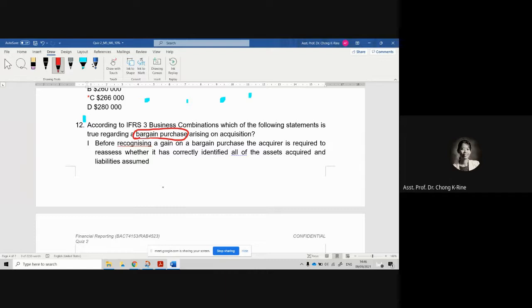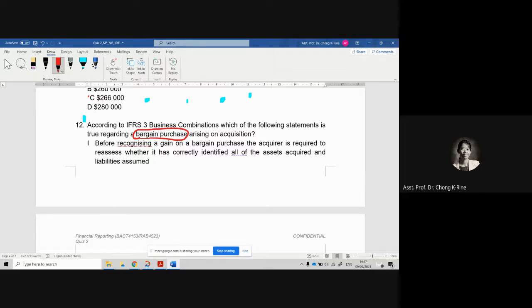If we pay less than the value of the company, it is known as a bargain purchase or negative goodwill. And if that's the case, then we have to double check again whether we missed out or never identified any intangible asset or not, and so on. Once it is confirmed, immediately we recognize in profit or loss, other income in our book as a parent. Okay, so our answer is 134.